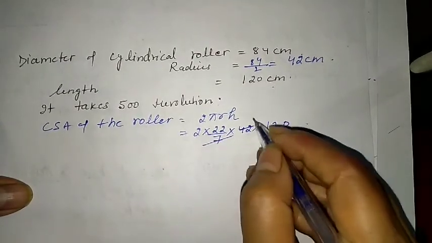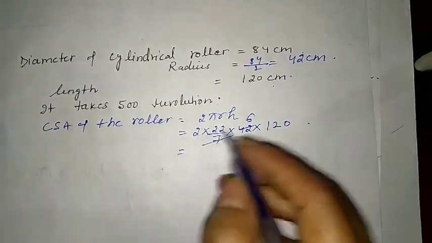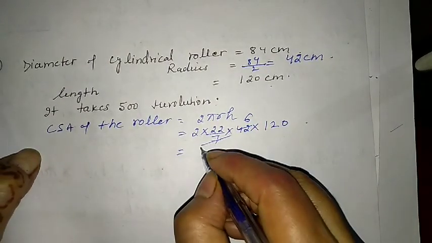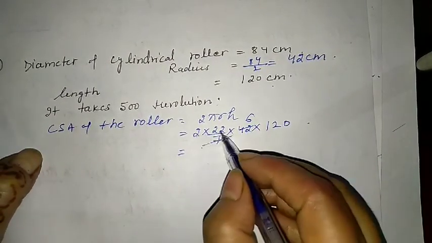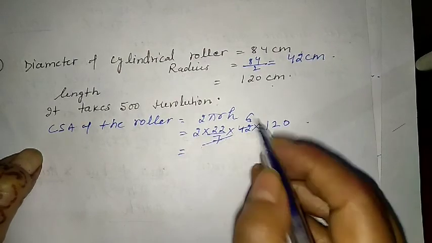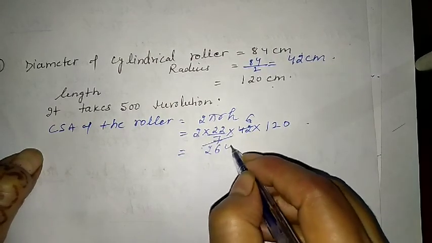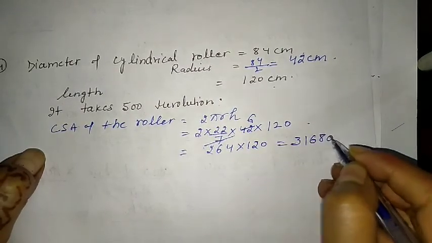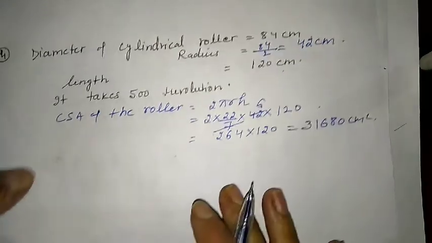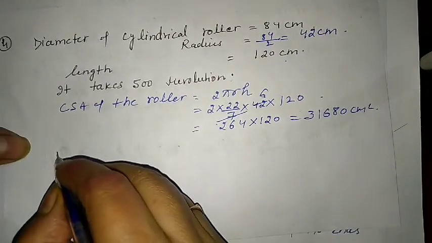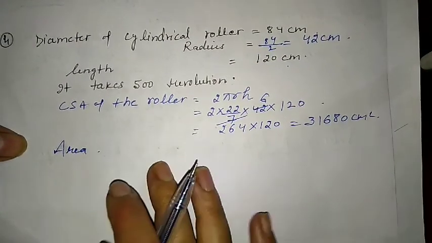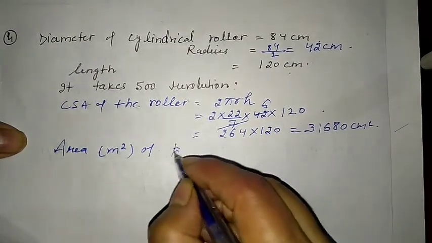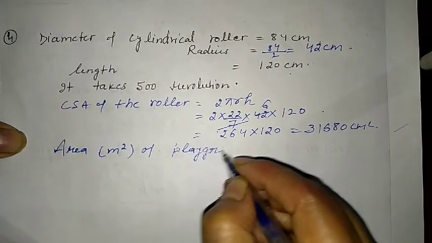So 7 6s. So this will be 720 into 44 that we are having here, or we can multiply these two. 44 into 6, that is 264 into 120, that is 31680 centimeter square.